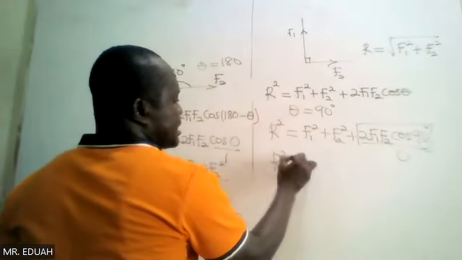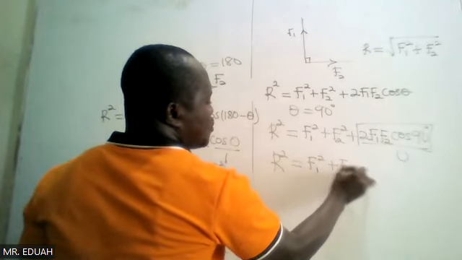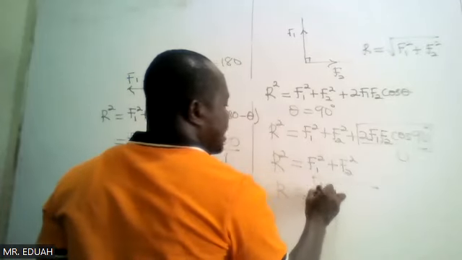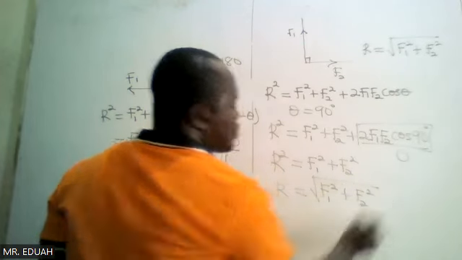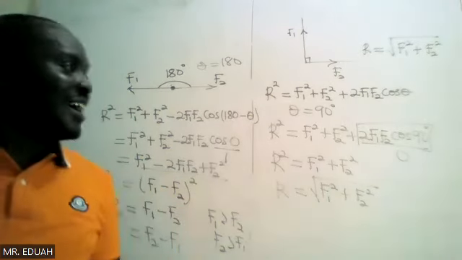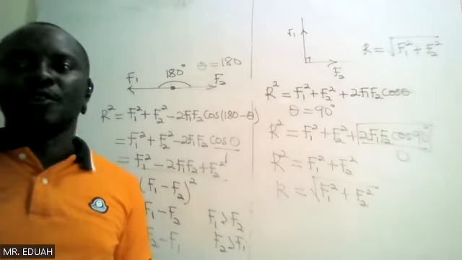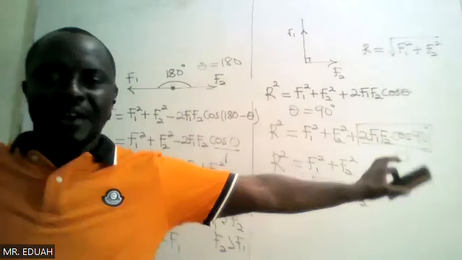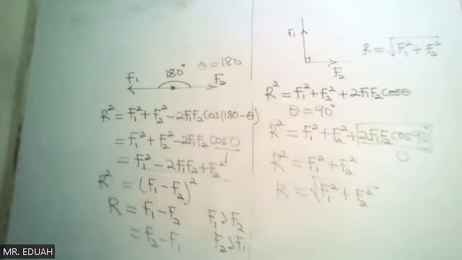So R squared is equal to F1 squared plus F2 squared, and R is equal to the square root of F1 squared plus F2 squared. So the cosine rule actually applies to two vectors acting in all manner of directions. Seen?